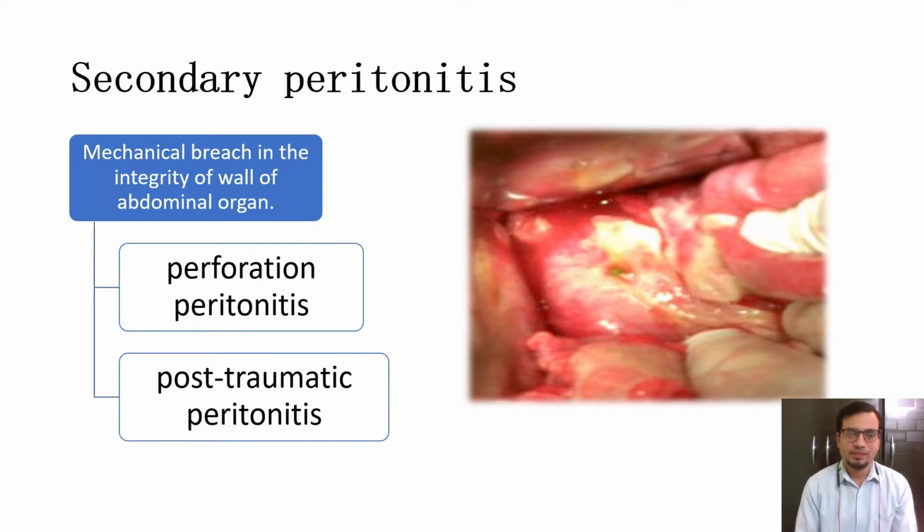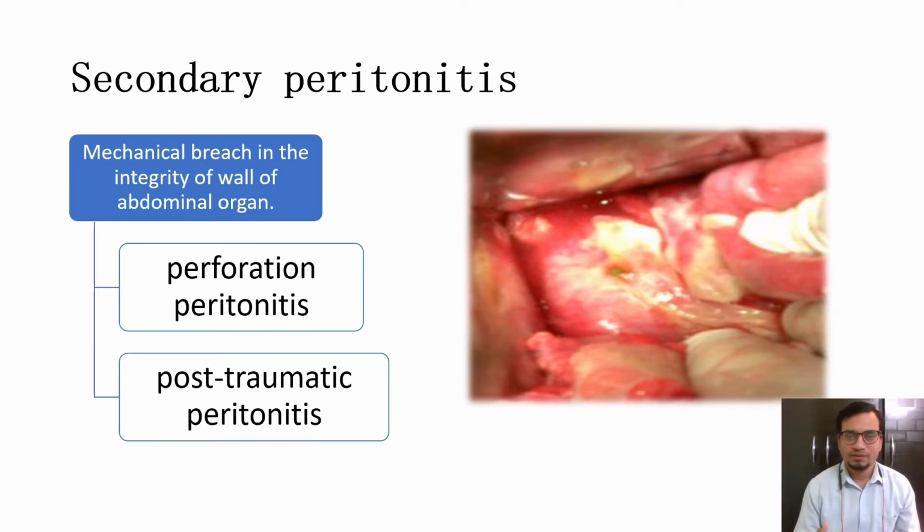Whereas in secondary peritonitis, there is a mechanical breach in the integrity of the wall of an abdominal organ. Usually this kind of peritonitis is polymicrobial, and the breach could be either in the intestine, the urogenital tract, or a solid organ like the gallbladder or kidney, which exposes the cavity to gastrointestinal flora and can lead to peritonitis.